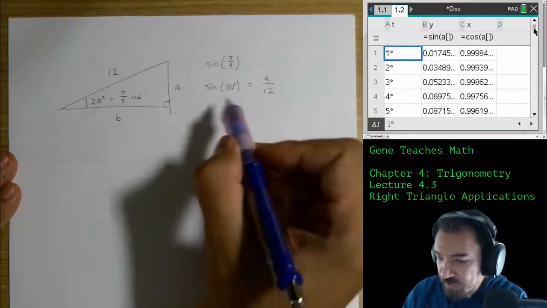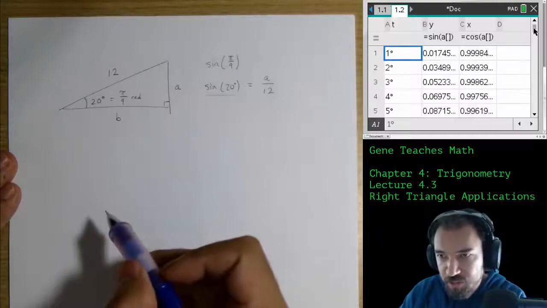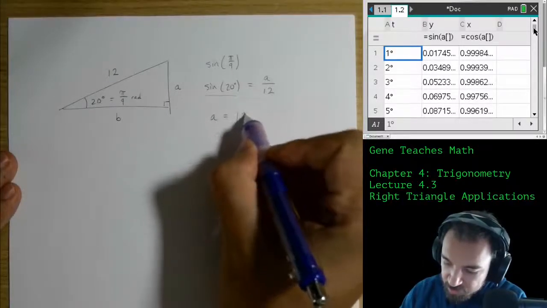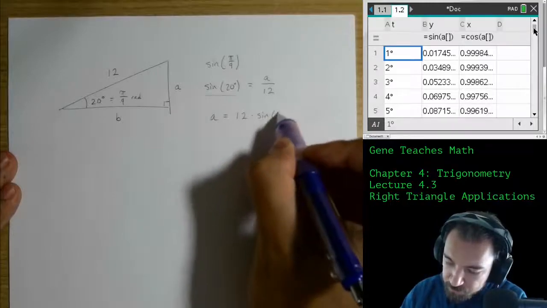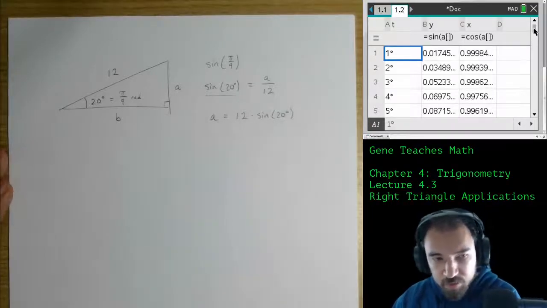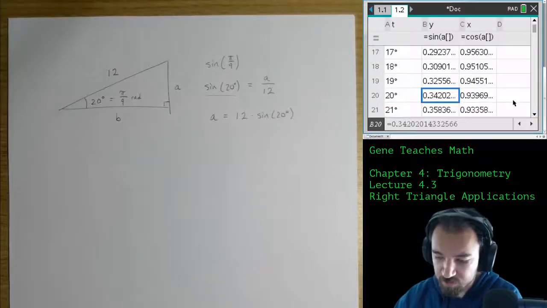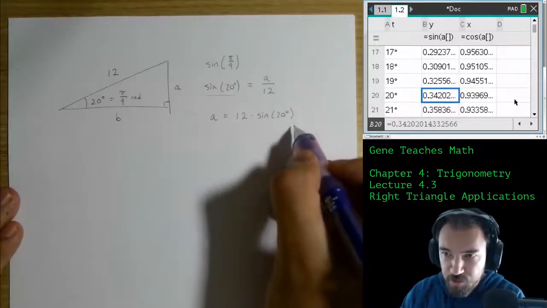So if I have a way to know what sine of 20 degrees is, then I can take 12 and multiply to the other side and say 12 times sine 20 degrees. But see, in this table, I have a value for sine of 20 degrees, which means this number is known.